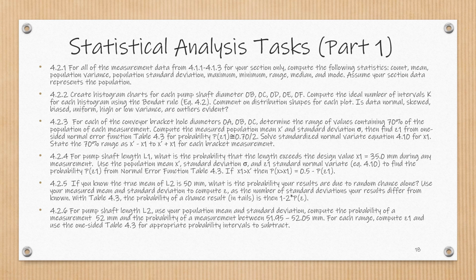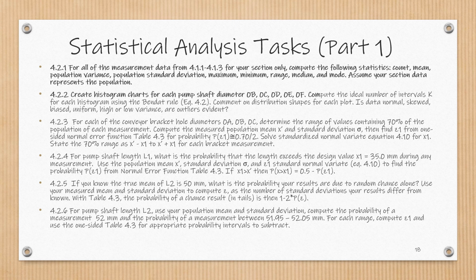Our statistical analysis includes several steps. For all of the measurement data, we'll compute the following statistics: count, mean, population variance, population standard deviation, maximum, minimum, range, median, and mode. And we'll assume that the data from each section includes the population.